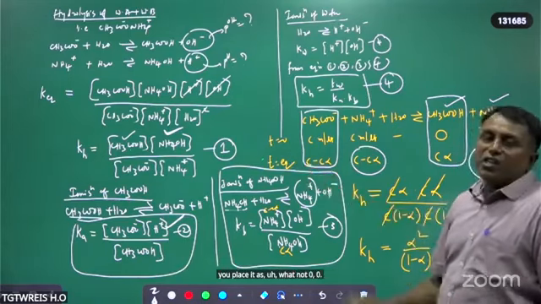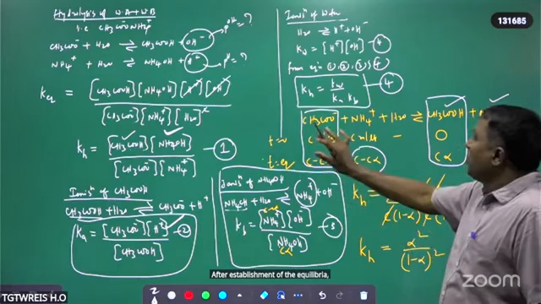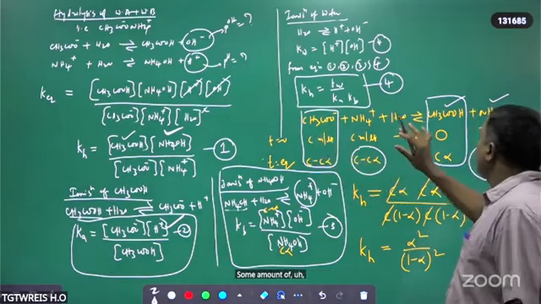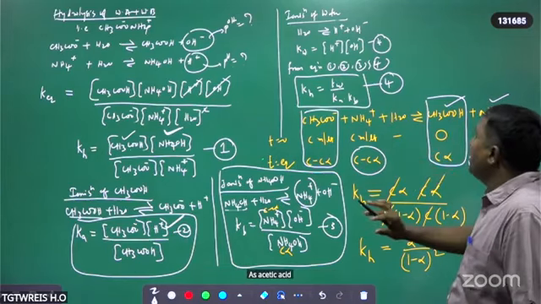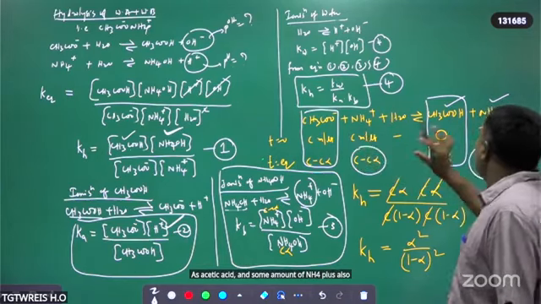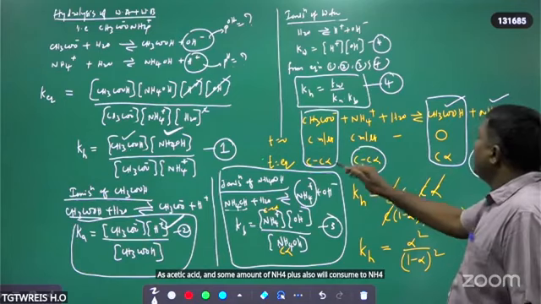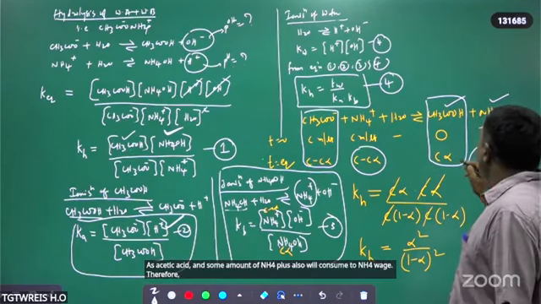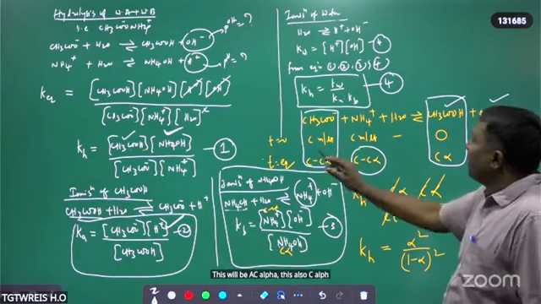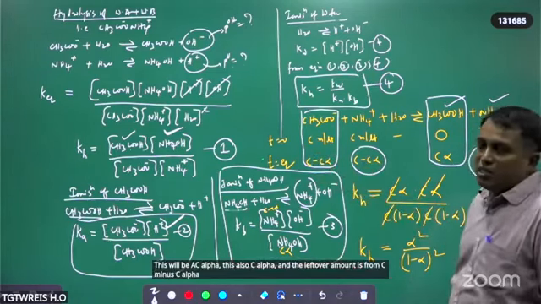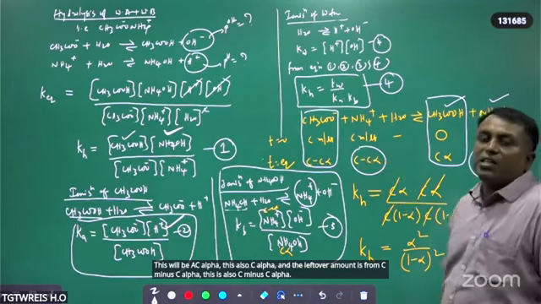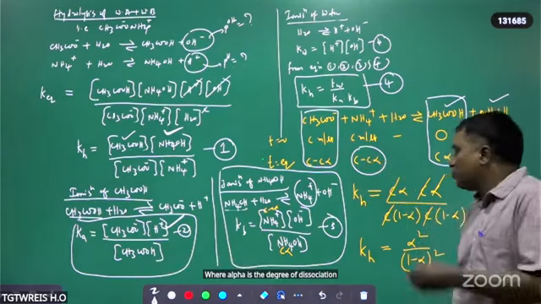After establishment of the equilibrium, some amount of acetate anion will be consumed as acetic acid and some amount of NH4 plus will also be consumed to NH4OH. Therefore, this will be C alpha, this also C alpha, and the leftover amount is C minus C alpha, this also C minus C alpha, where alpha is the degree of dissociation, that is the DOD.